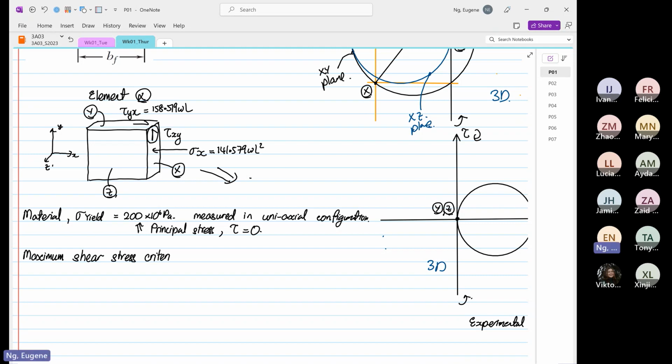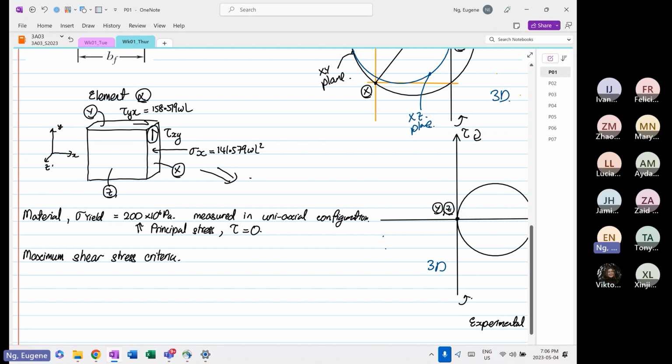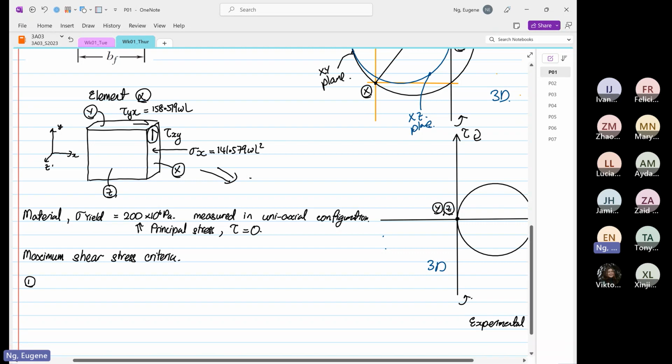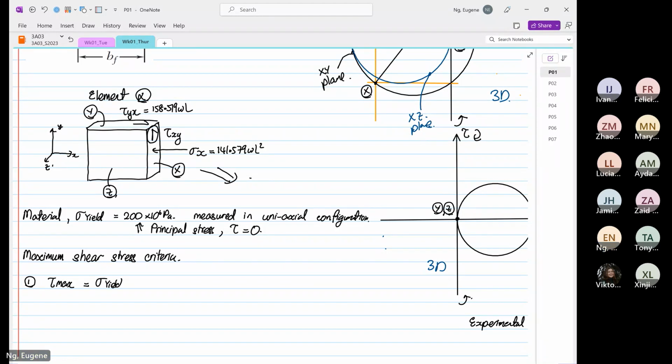There are two key features about this criteria. Number one is tau max will be equal to the yield stress divided by 2. This is the first one.